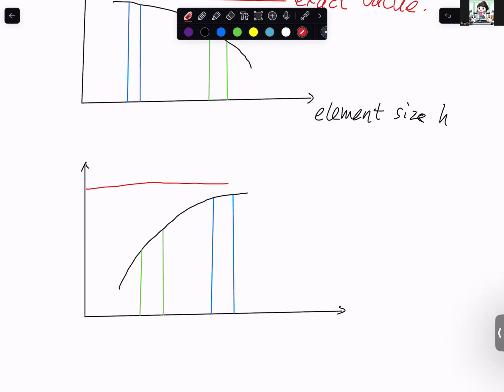And of course, you can consider this is the exact value based on our FEA method. And the y-axis is still the stress or displacement.